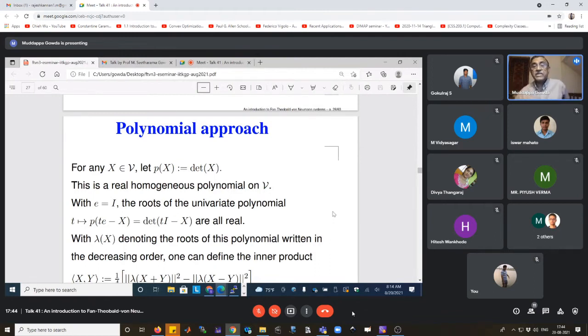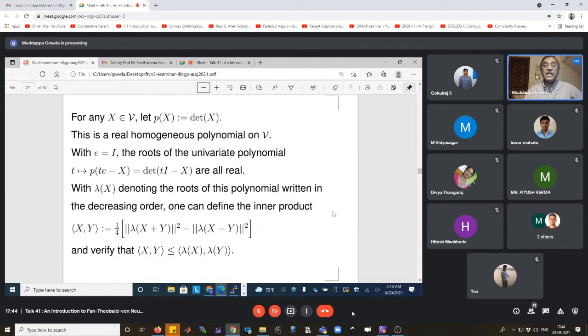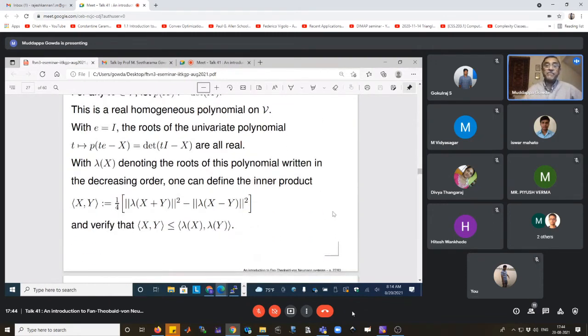With lambda x denoting the roots of this polynomial written in decreasing order, one can define the inner product as done previously, that is that expression, and verify that x dot y is less than or equal to lambda x dot lambda y. This is one clever way of proving Richter's inequality, or rather Fan's inequality, via this polynomial. And this is done in this paper of Bauschke et al.